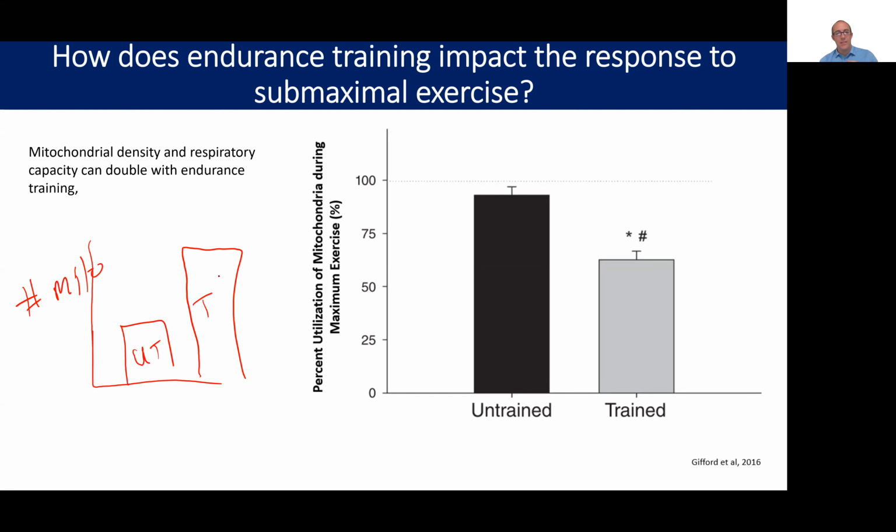But here's the deal. In terms of aerobic exercise, like their VO2 max, the VO2 max isn't double. It's only about 20% greater. So despite having twice as many mitochondria, they only consume 20% more oxygen. So what are these extra mitochondria for?